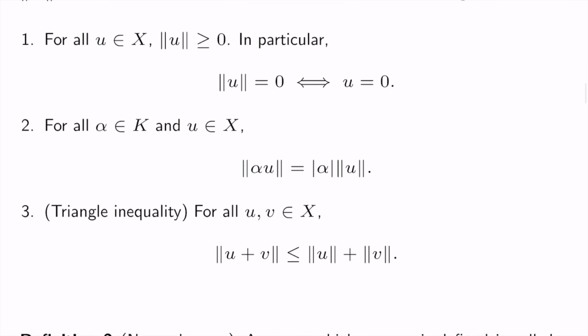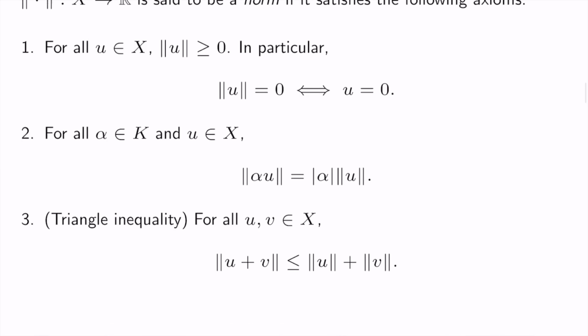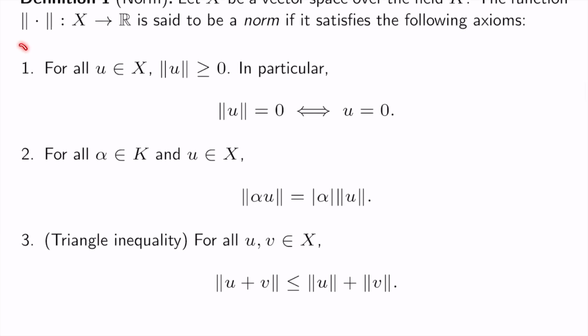And third, the triangle inequality means for all elements u and v of the vector space X, the norm of their sum is less than or equal to the sum of their norms. So this is a typical triangle inequality. So any function on a vector space that satisfies these three conditions can be said to be a norm.